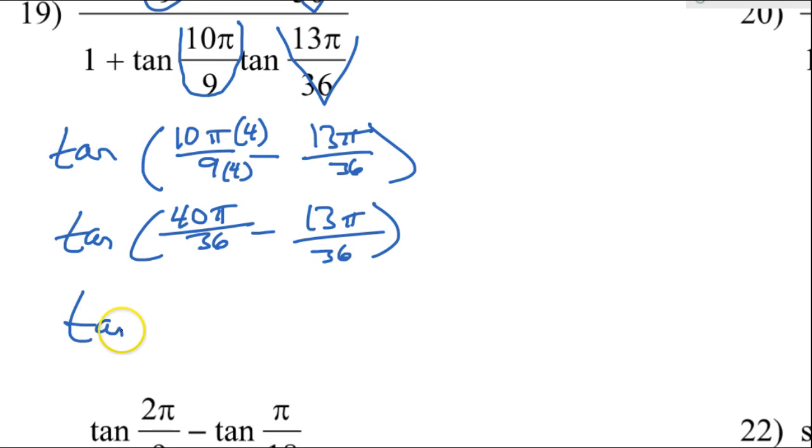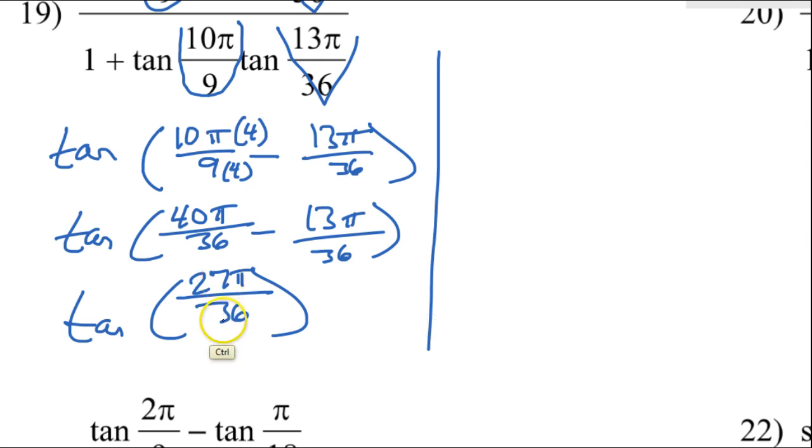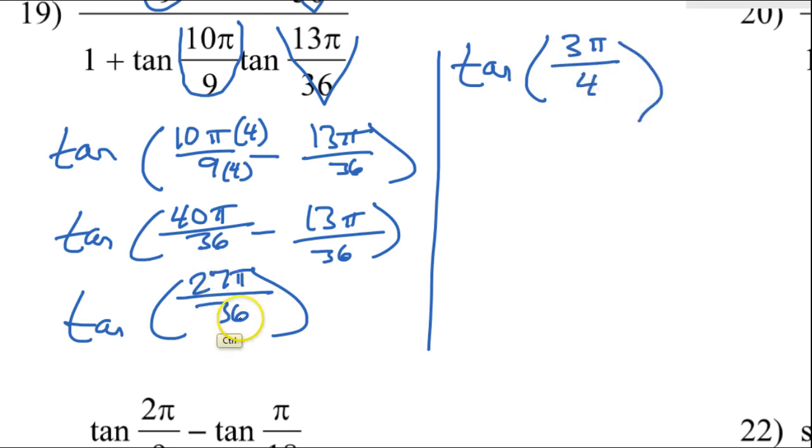So that is going to be the tangent of 27 pi over 36. Both of these are divisible by 9. If I divide both by 9, I will have tangent of 3 pi over 4.